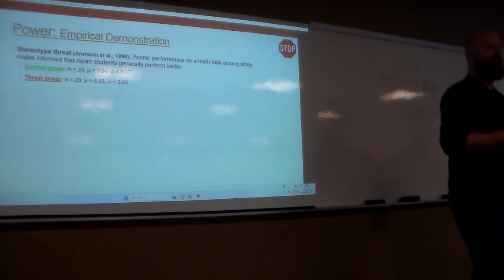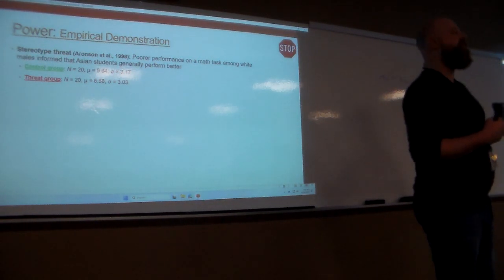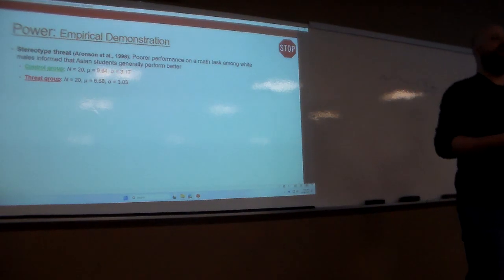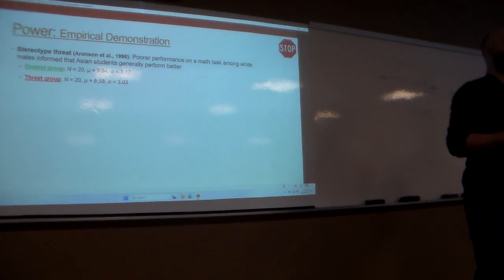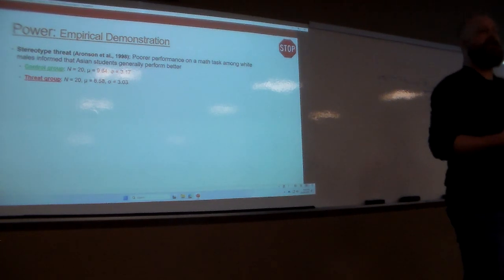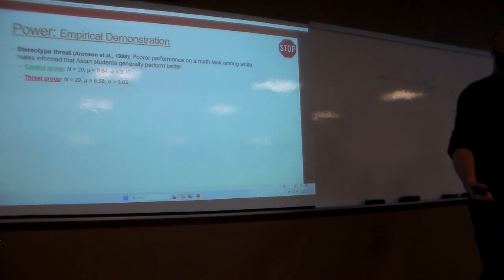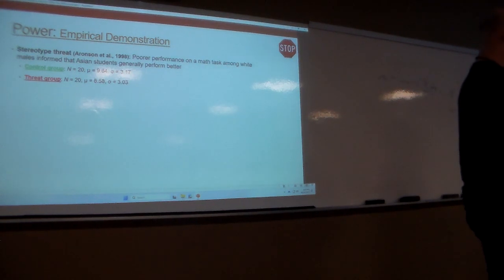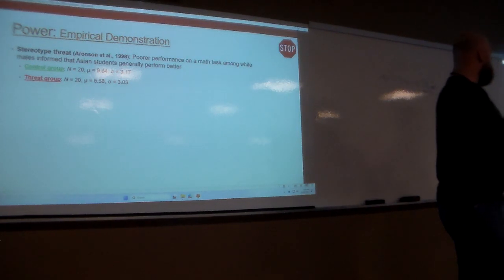Social people will recognize this: the idea that if I perform a task when stereotypes about my group are made salient, it impacts my performance, right? And so here, researchers have pulled in a bunch of white men to take this math test, or whatever the cover story is, right?